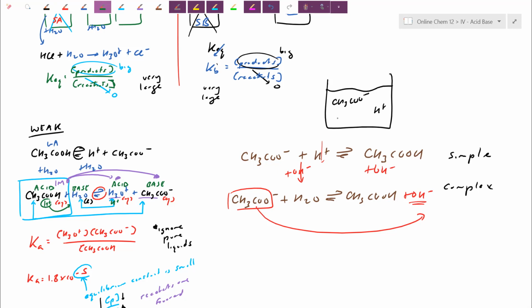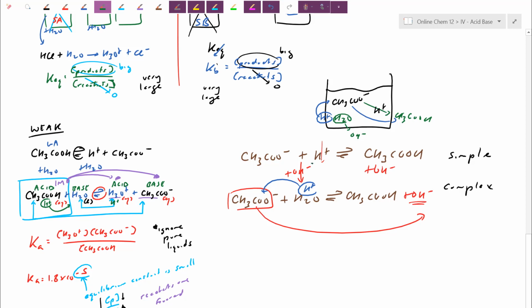In fact, instead of the acetate just picking up an H+ and forming acetic acid, which can happen, no problem, we're going to imagine it's actually water, H2O, that's much more plentiful. Water has the football. Water is going to give the acetic acid that football. So the football goes from H+ over to acetic acid. The acetic acid will then still form, and it's actually our water that's going to leave behind a hydroxide. Okay, so that's what that says there.